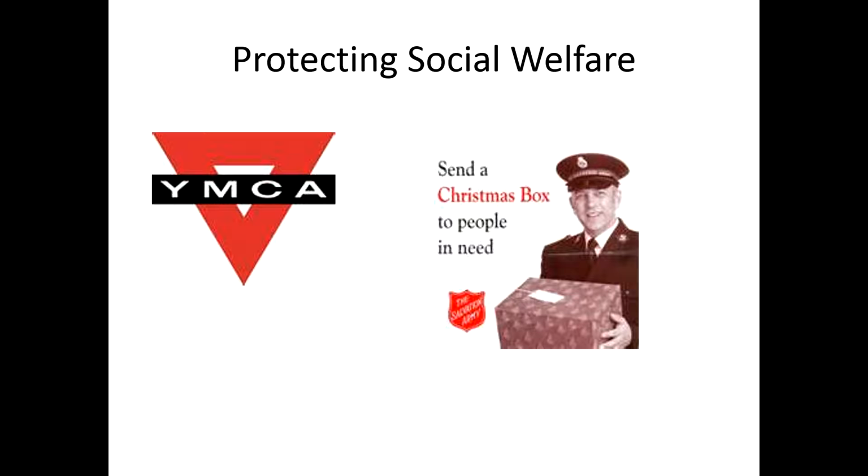Also, we see the development of organizations like the Salvation Army. And this is a volunteer organization where they would feed the poor, have soup kitchens, care for children in nurseries. They would also send people to teach immigrants and to teach the poor. So we see these two being examples of social welfare reform.